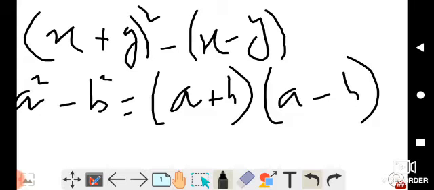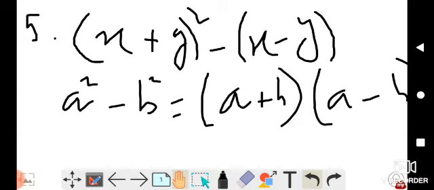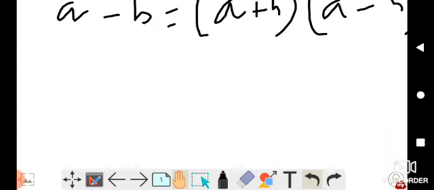Okay, this is the formula. So according to this formula we have to solve (x + y) whole squared minus (x - y) whole squared. Students, (x + y) whole squared is the a square, the minus in the middle is the minus, and (x - y) whole squared is the b square.